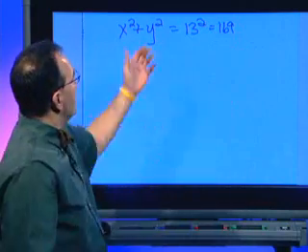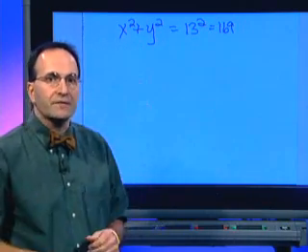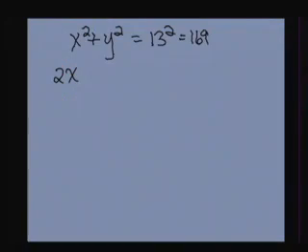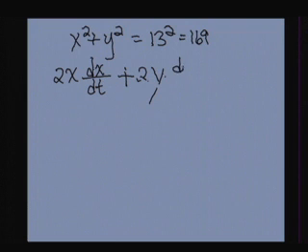What I'm going to do is differentiate this, using implicit differentiation, and we'll get 2x times dx/dt, plus 2y times dy/dt.